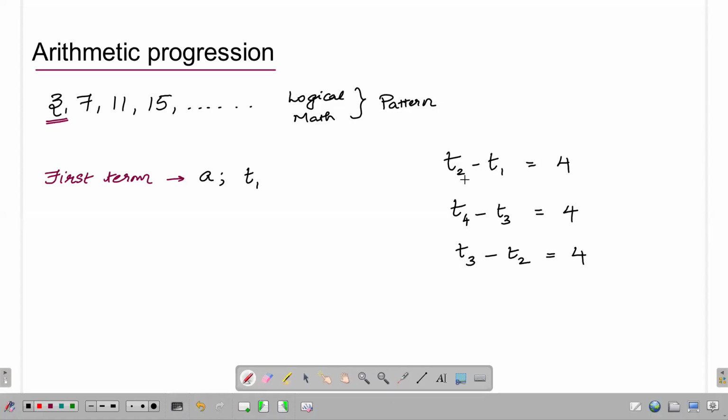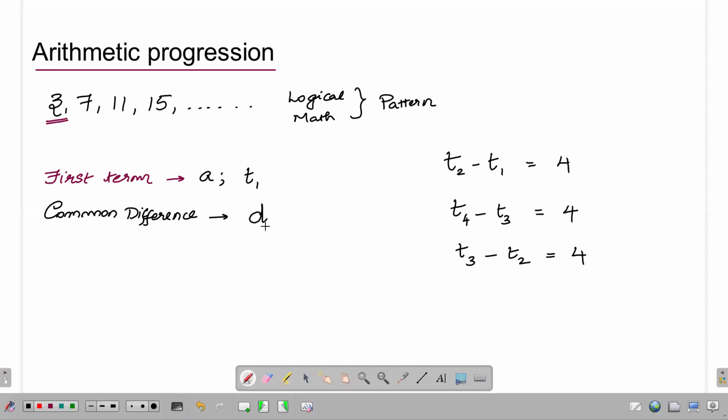So when we consider the difference between two consecutive terms in this way, that difference is the same. That difference I call the common difference. An arithmetic progression is associated with this common difference, which is represented using the small letter d.